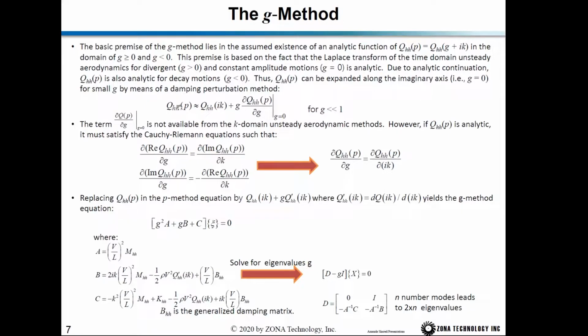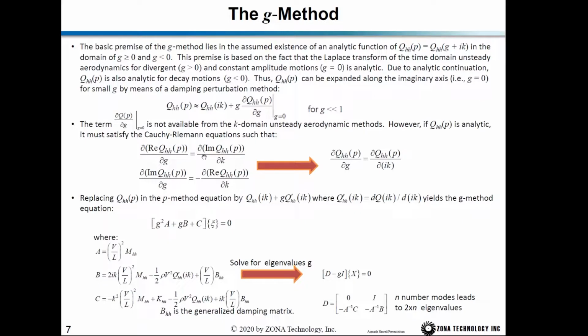So we can apply the Taylor expansion for small g, and this will equal the frequency domain GAF plus g times the partial Q partial g. However, we don't have partial Q partial g, because all we have is the frequency domain GAF. However, if the Laplace domain GAF is analytic, it must satisfy the Cauchy-Riemann equation.